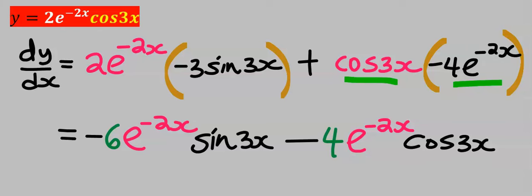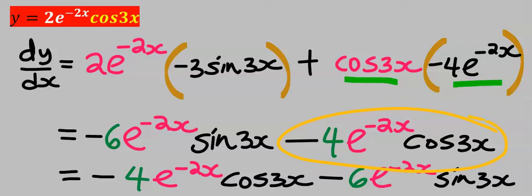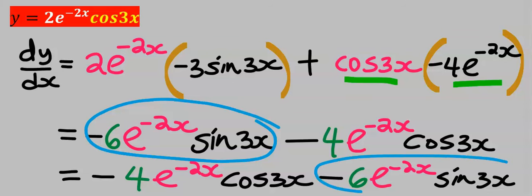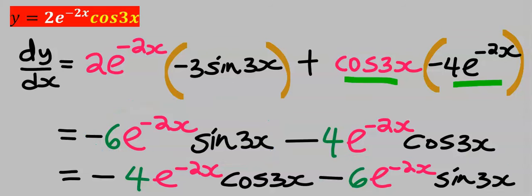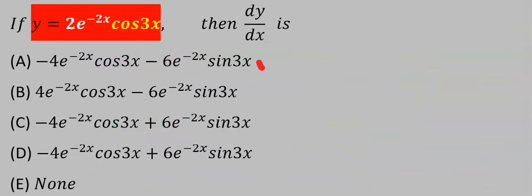You can decide to leave your answer like this, or by bringing this over to this side, or you can switch this around. Both are the same. From the options, our answer is A.